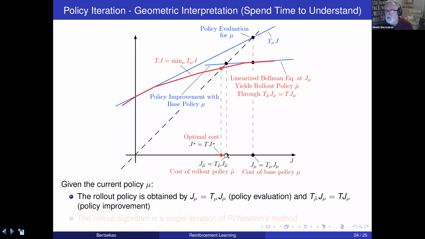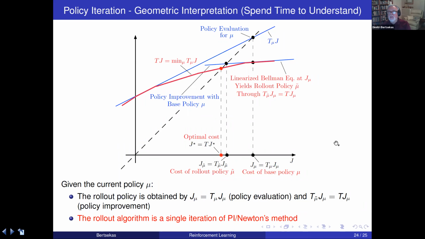That's the secret why rollout is a good algorithm. It is Newton's method, and it gives you an iterate that's pretty close to the optimum. Not always, but very often. So that's the point I'm making here. The rollout algorithm is a single iteration of the policy iteration method and also Newton's method.